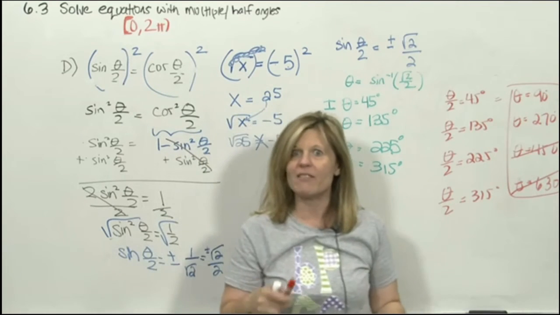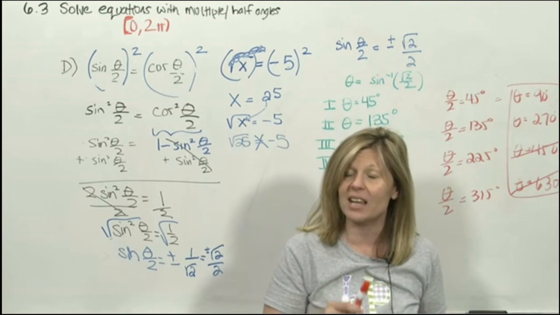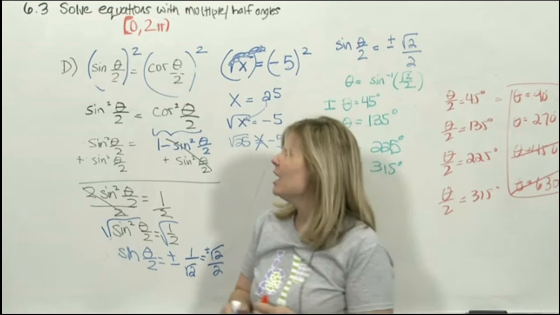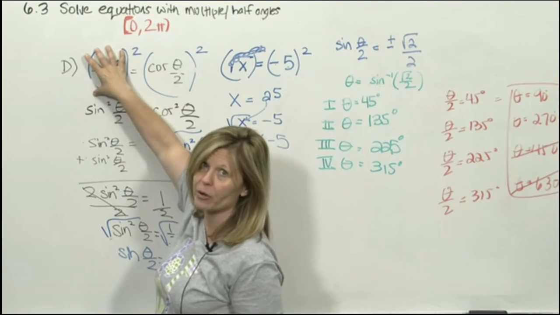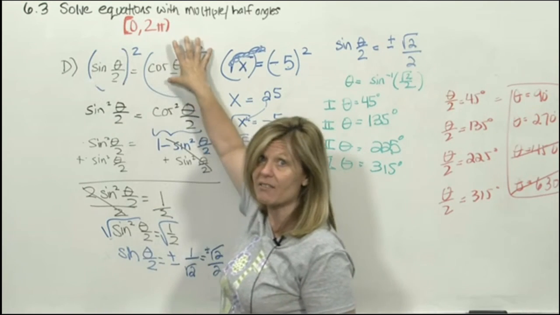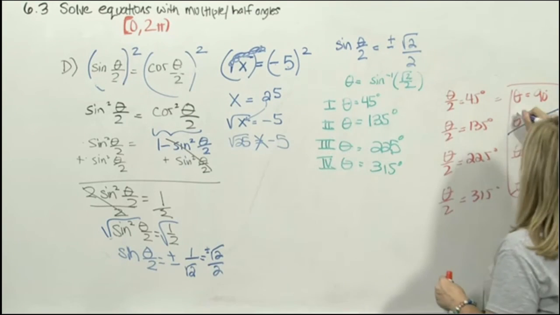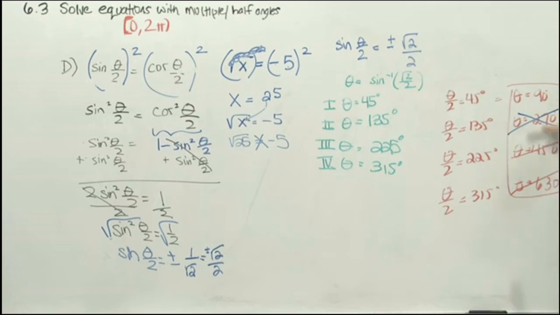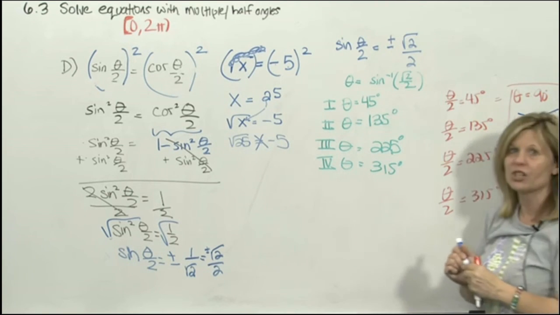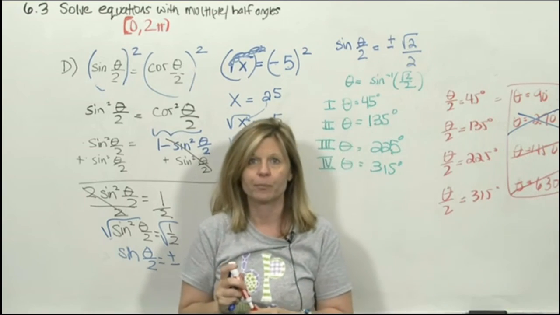Cosine of 135 in quadrant 2 is not positive, it is what? Negative. And there's no way the sine of 135, which is positive, is ever going to equal the cosine of 135, which is negative. Therefore, this answer does not check. And 90 degrees, which written in radians is pi over 2, is the only solution here.